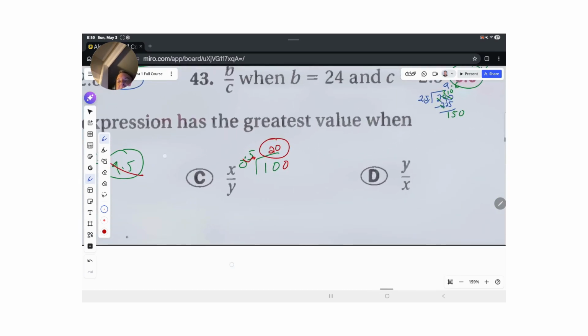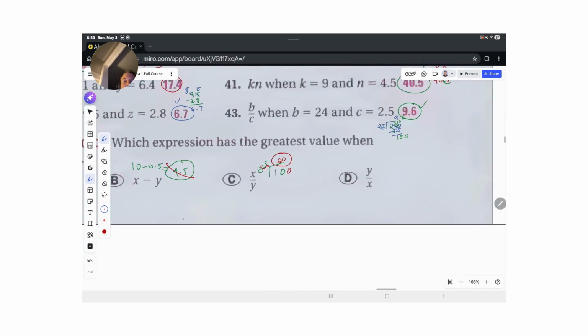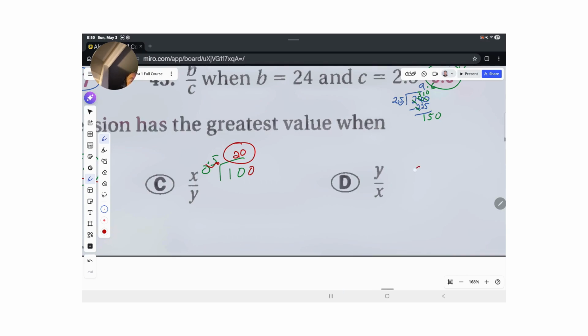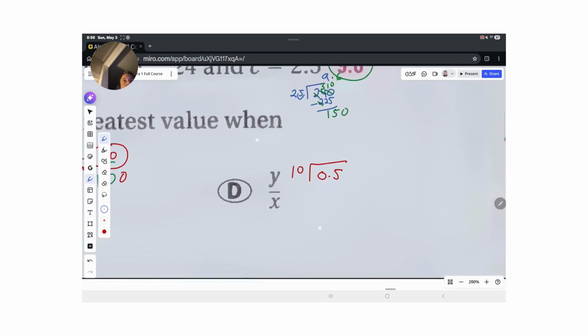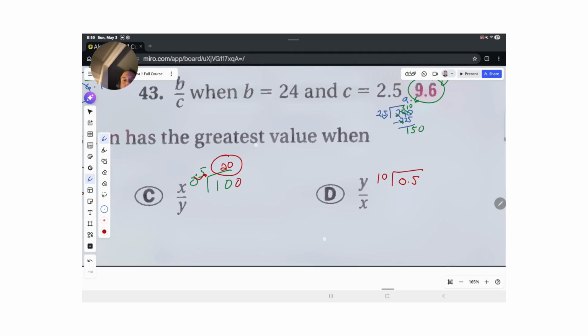D will be y divided by x. 0.5 divided by 10 this time. Switch it around a little bit. Okay, 10 will not go into 5 evenly, right?